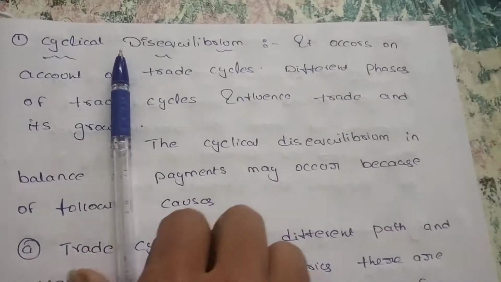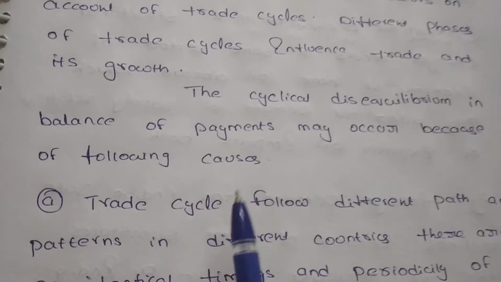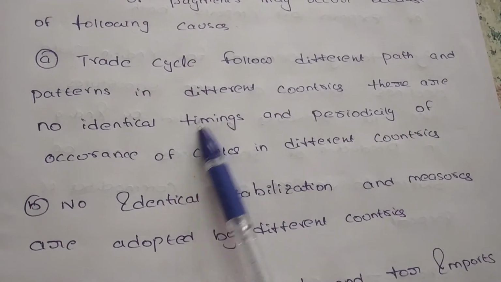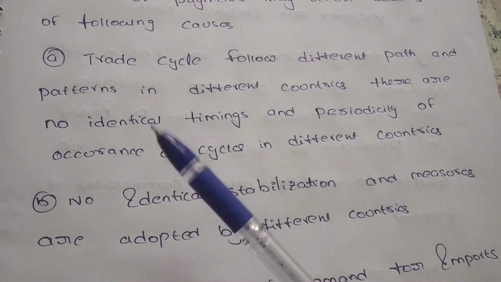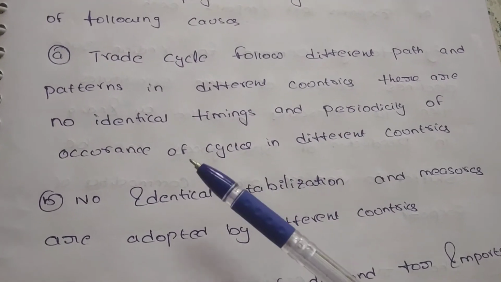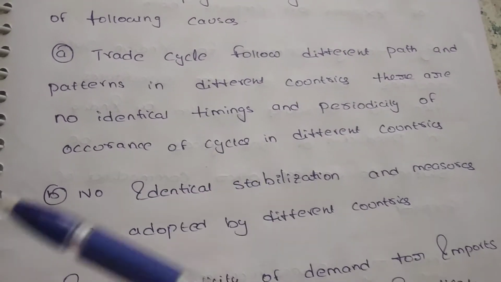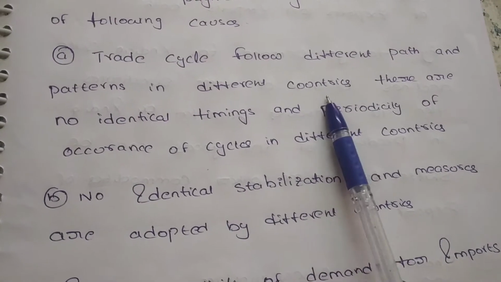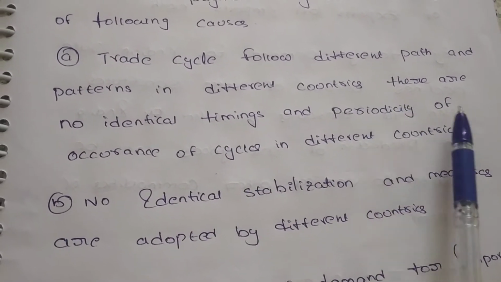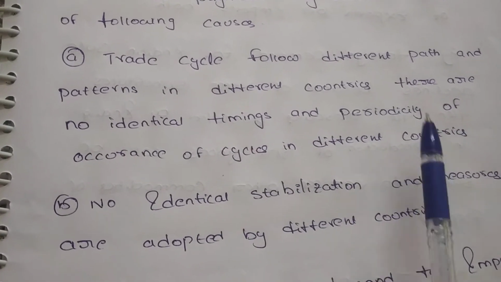Why does the cyclical disequilibrium in balance of payments occur? Because of the following reasons. Trade cycles follow different paths and different patterns in different countries. In our world, there are different countries, and they follow different patterns. While producing goods, one country follows some method and another country follows some other method. There are no identical timings and periodicity of occurrence of cycles in different countries.